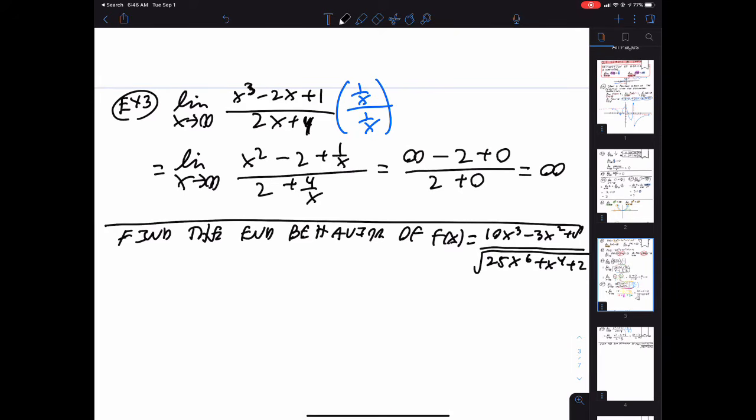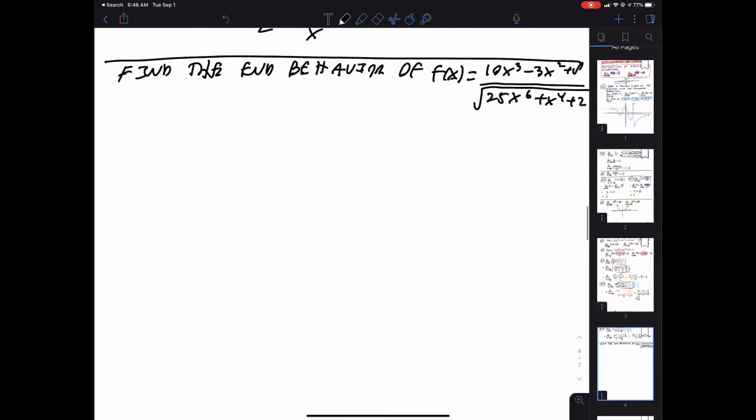So we have to find out what's happening to the right and what's happening to the left. Woo, here we go. I need the limit as x goes to infinity of this monstrosity.